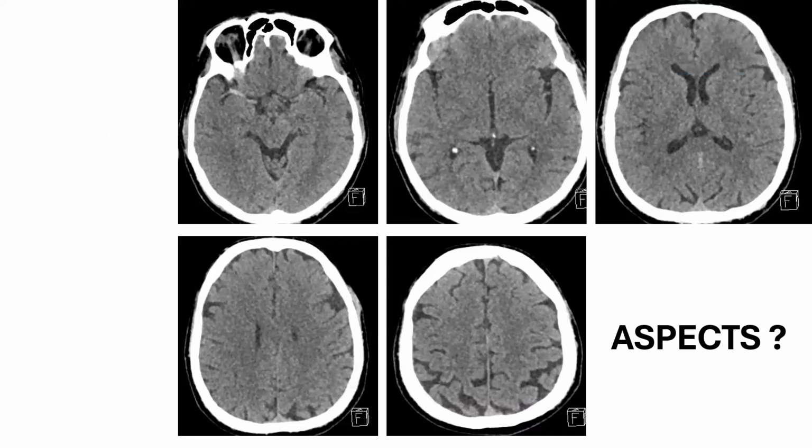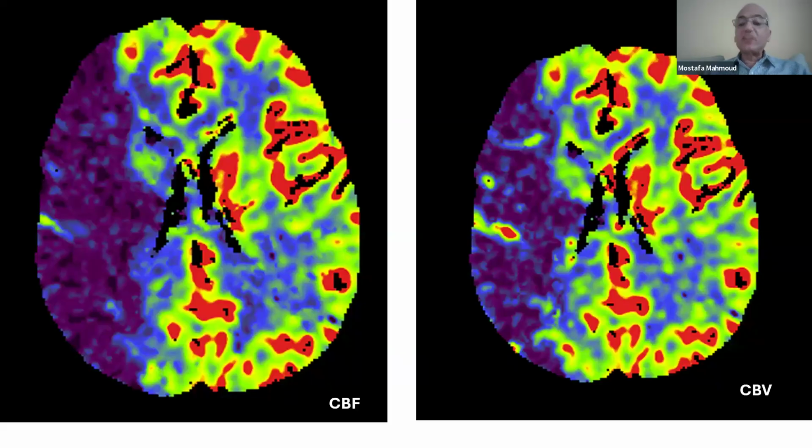If I'm generous, I will give him maybe 8. But look at the CBF and CBV. It is a matched perfusion defect. But please be aware of the timing. This patient arrived within 2 hours from onset of symptoms.